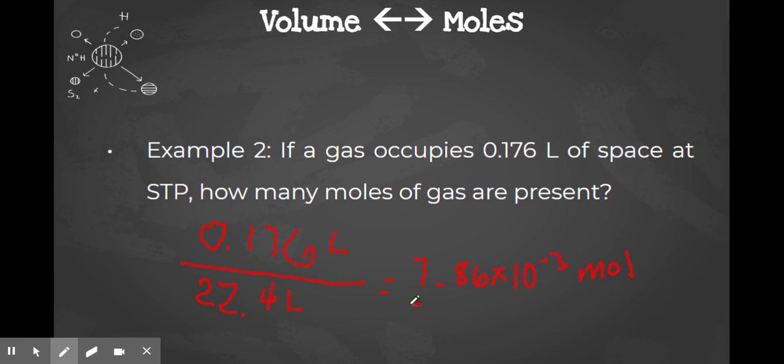When you do this on your calculator, you'll see it'll say 0.00786. But because of significant figures, I know I need 3 significant figures.